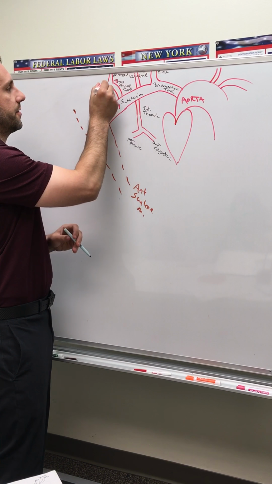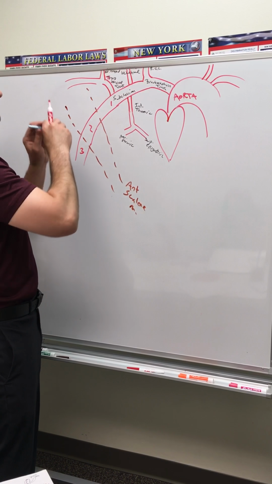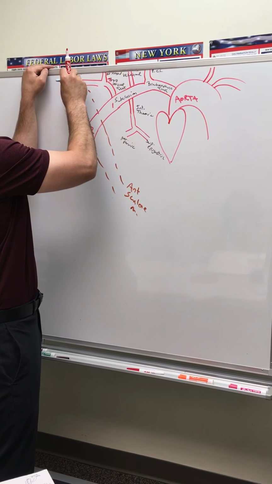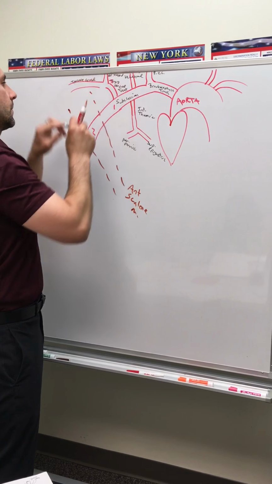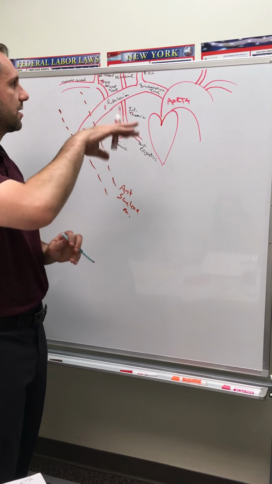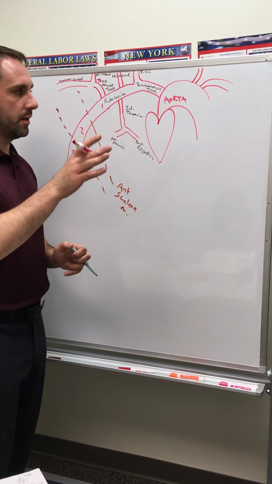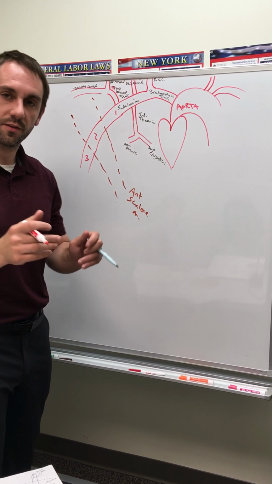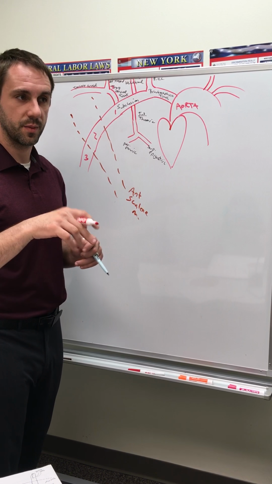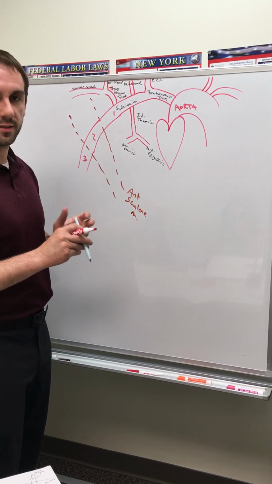And then we have the transverse cervical. We're not going to talk too much about the inferior thyroid artery. We'll talk about it a little bit when we talk about the thyroid gland, but the transverse cervical artery is going to be found deep to the trapezius muscles, traveling with the spinal accessory nerve.